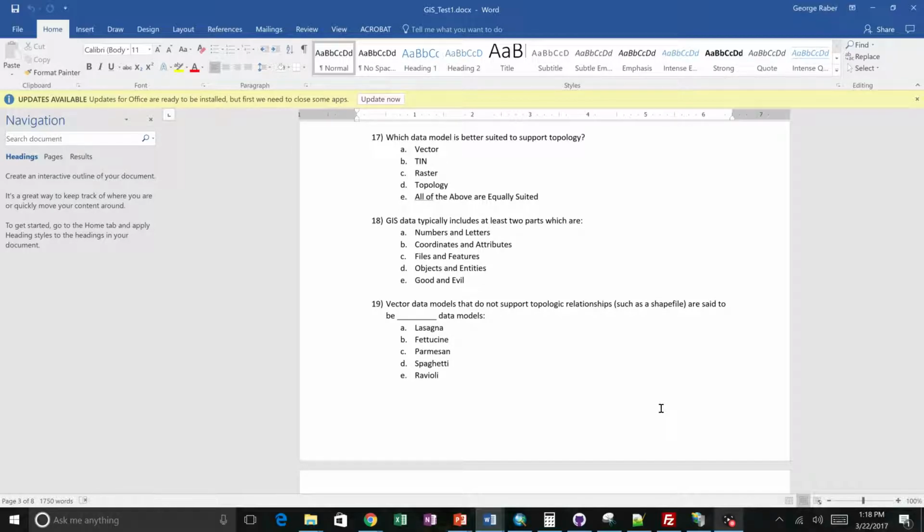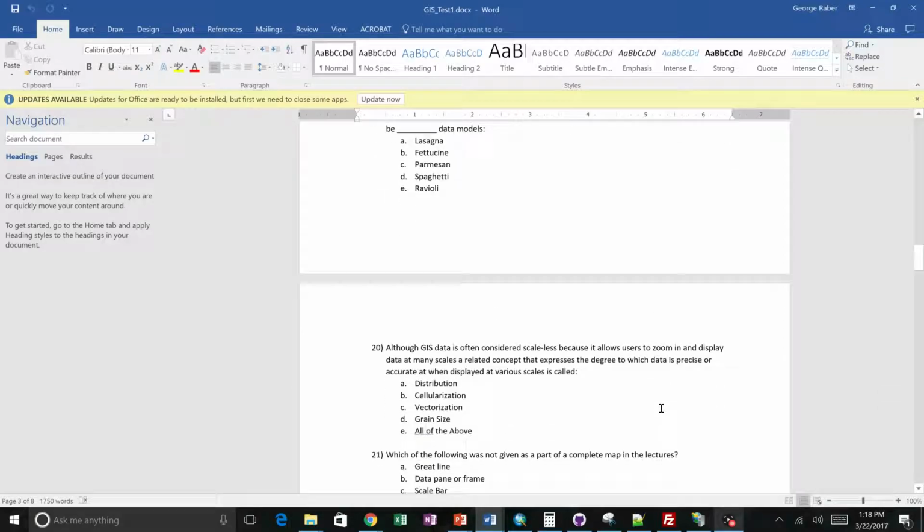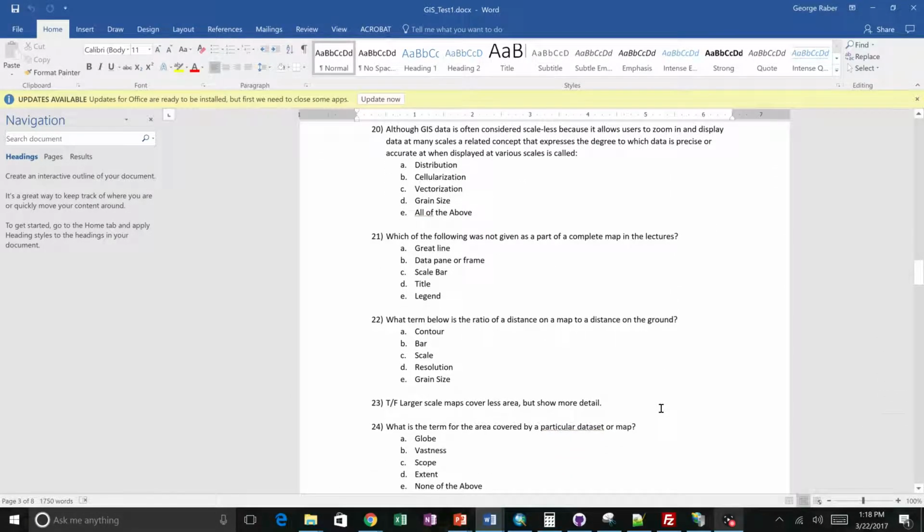All right, 18. GIS data typically includes at least two parts, which are the coordinates and the attributes, B. Vector data models that do not support topological relationships, such as shapefiles, are said to be spaghetti. Spaghetti is the correct answer.